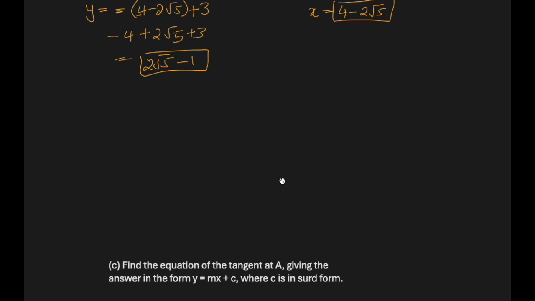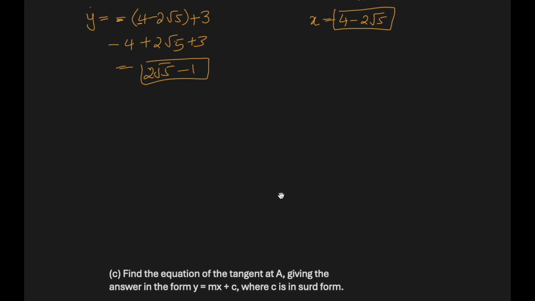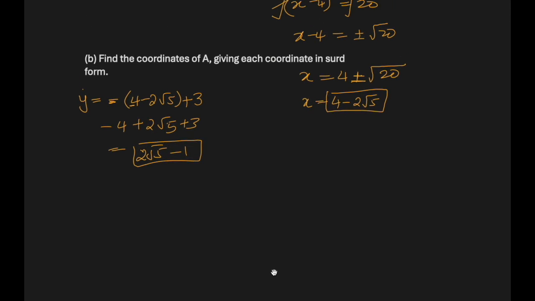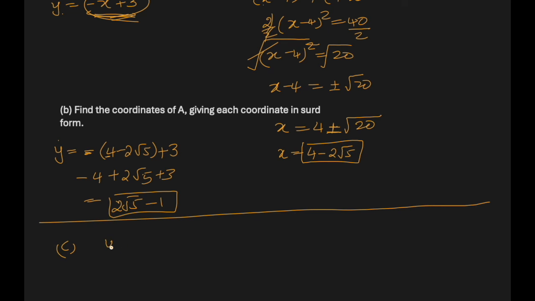Find the equation of the tangent at A, giving the answer in the form y equal to mx plus c. Use the formula again. y minus y1 equal to m(x minus x1). So y and x remain the same.